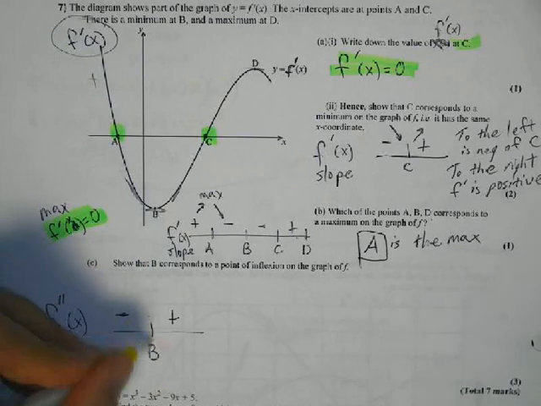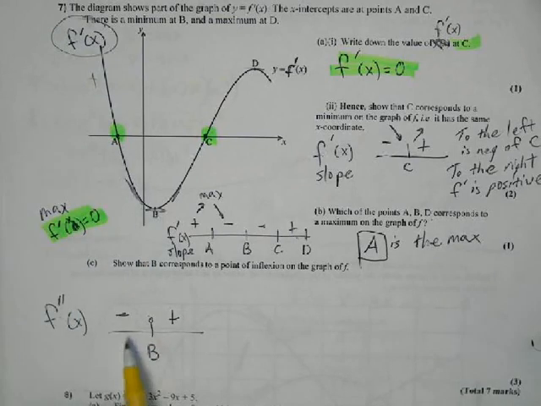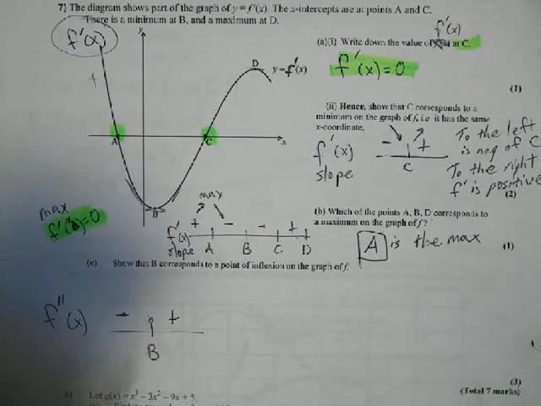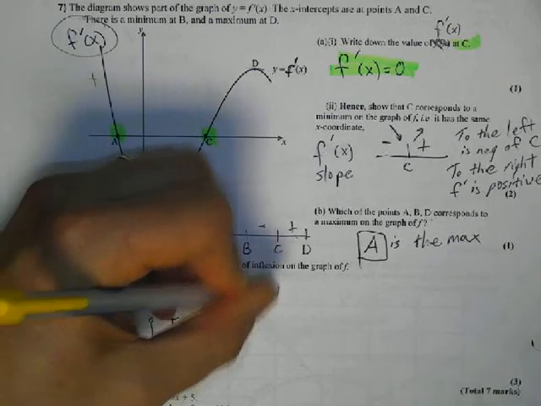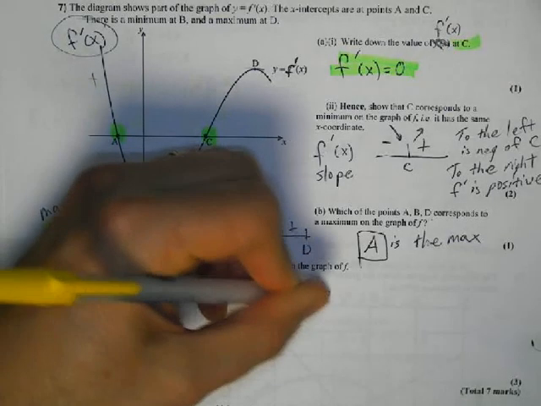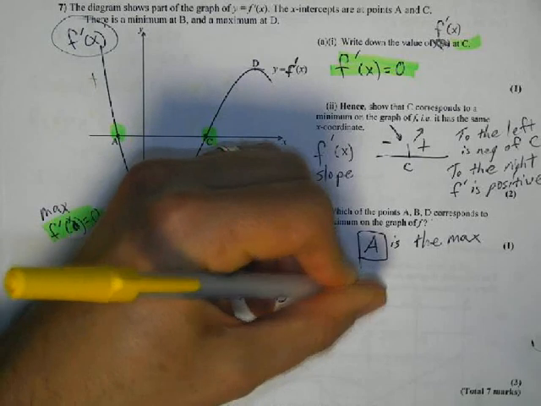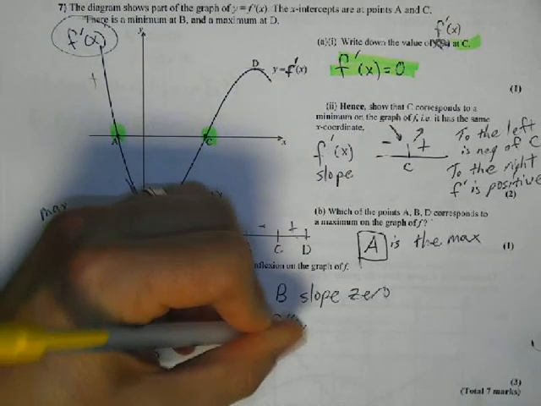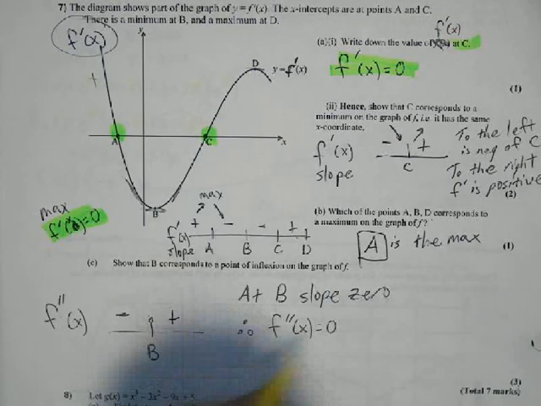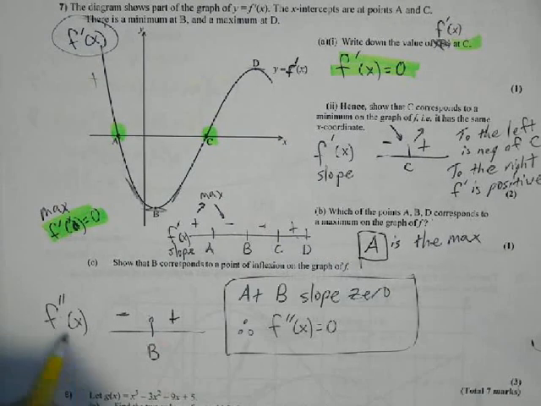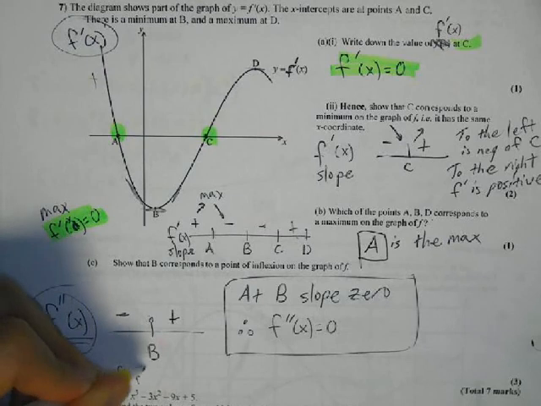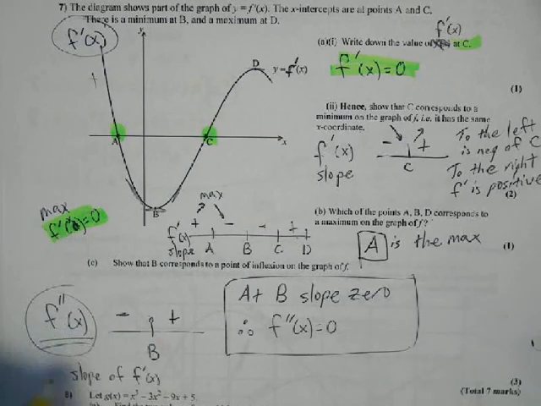And right at B, the slope of the derivative function is 0. So at B, slope is 0. Therefore, the second derivative is equal to 0, because the second derivative has to do with the slope of the first derivative from this graph.